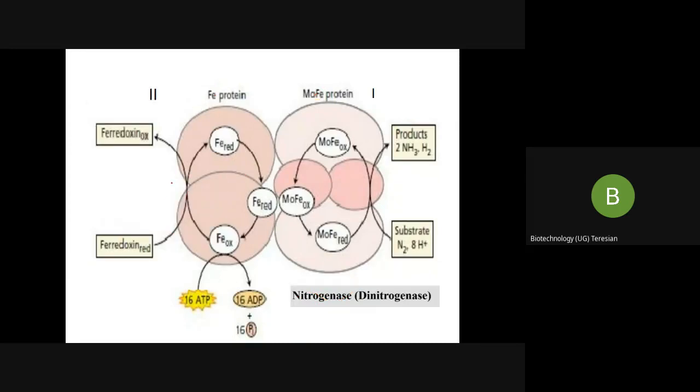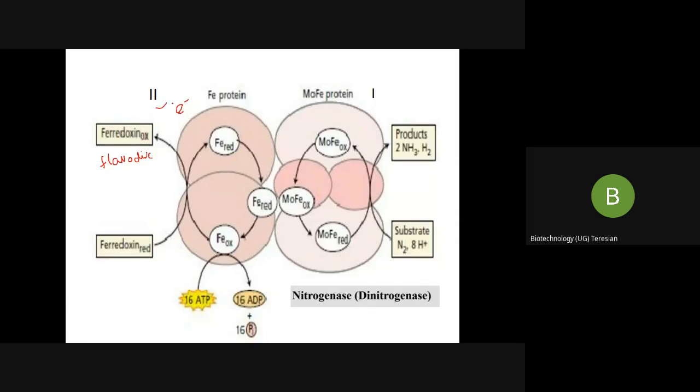So we have this iron protein, which we are representing in the form of component 2. What is the function of this? It gets electrons from the reduction of ferredoxin or another molecule, flavodoxin. Either of these molecules can give electrons. Who gets the electrons?